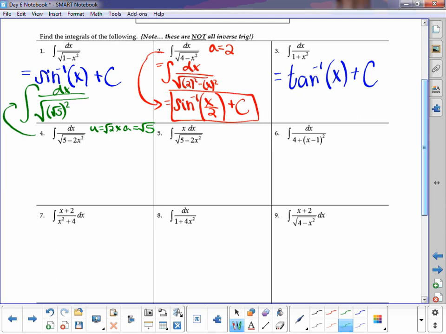Root 5 squared gives me 5. And root 2 times x, quantity squared, would give me 2x squared. Are we okay with that? I don't like that it looks like 2x. X is not underneath the square root, so you could even write it as x root 2 if you wanted to.